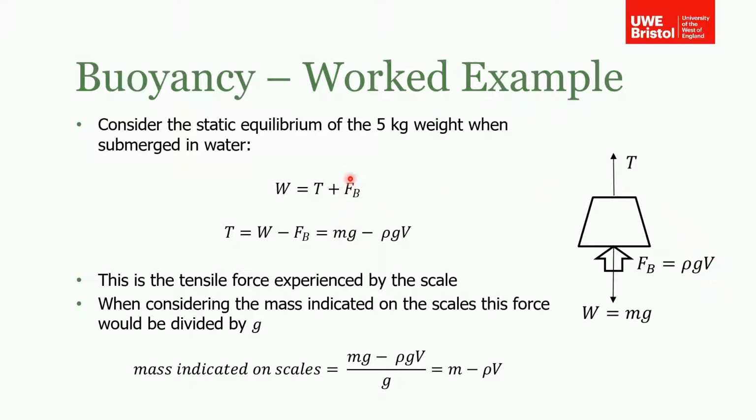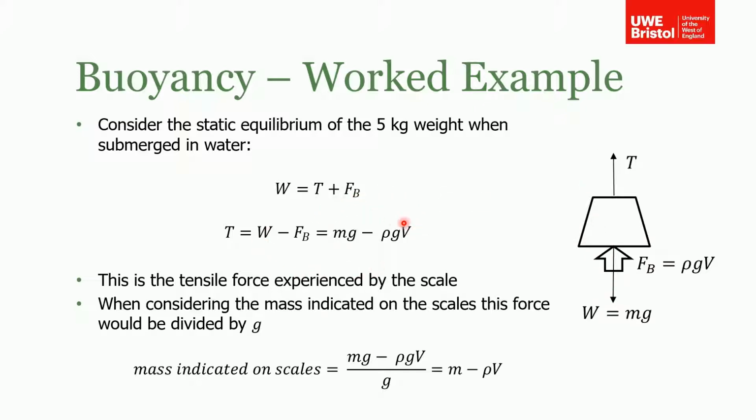So if we resolve all the forces that are acting on this 5 kilogram weight, then we've got this: the weight of it is equal to the tension in the cable plus the buoyancy force. Okay, so one downward force minus two upward forces.